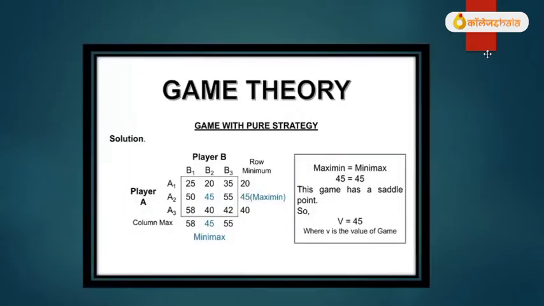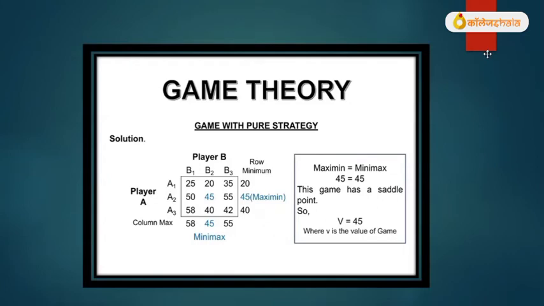Now see, this is a game with pure strategy. We have two players over here. Number one is player A, number two is player B, and we have 3 strategies of player A, A1, A2, A3, and 3 strategies of player B, B1, B2, B3. The strategies of player A we are showing in the rows, and the strategies of player B in the columns.